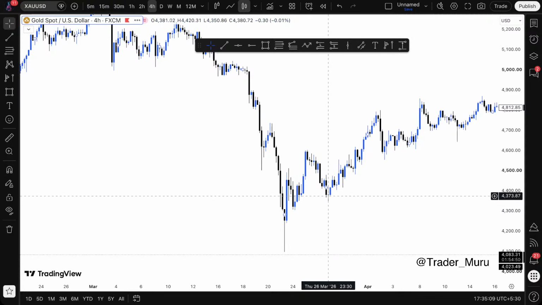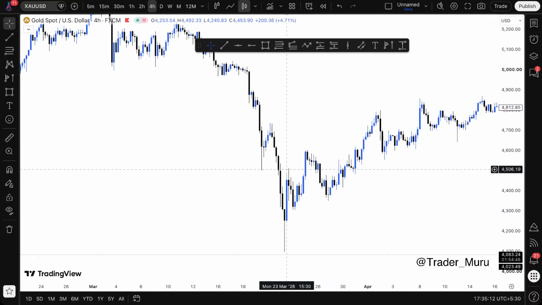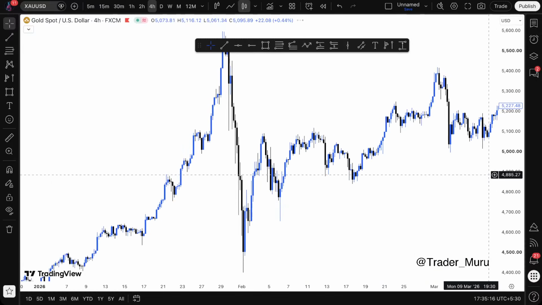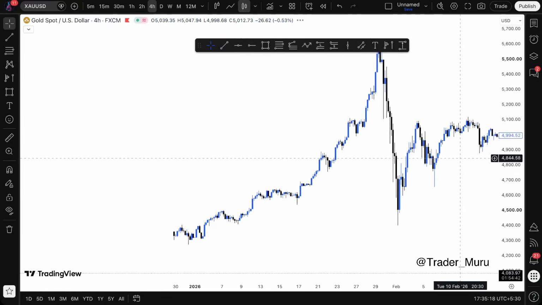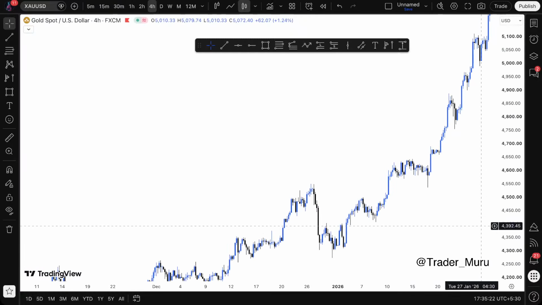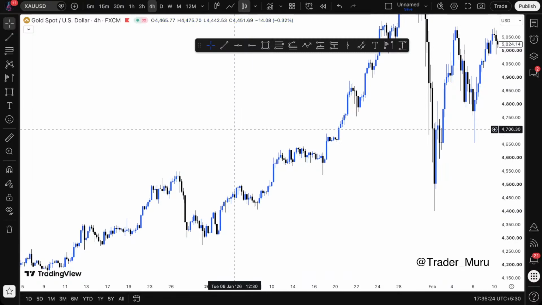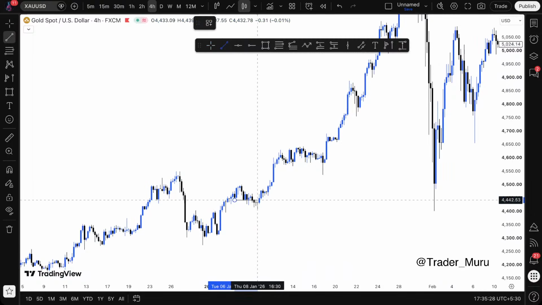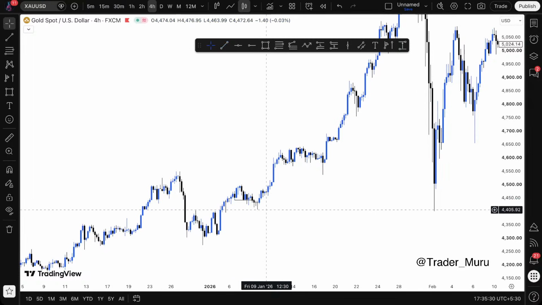This was the area we were looking for. And here, test here and pump, even after change of character.